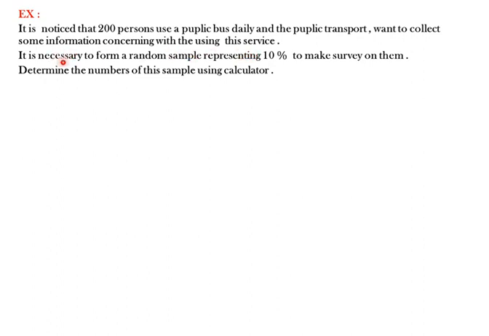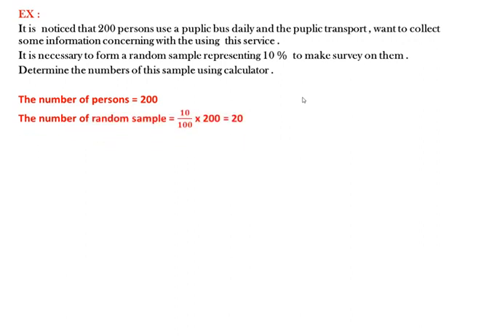It's necessary to form a random sample representing 10% to make a survey on them. Determine the number of this sample using a calculator. At the first, we know the number of persons is 200. To get 10%, we take 10 over 100 times 200, which equals 20.